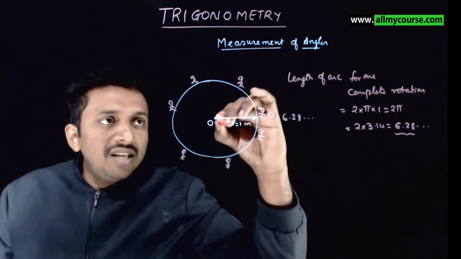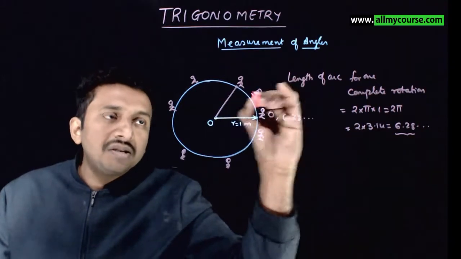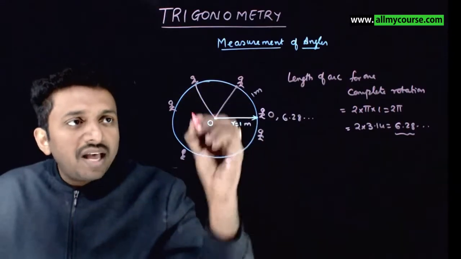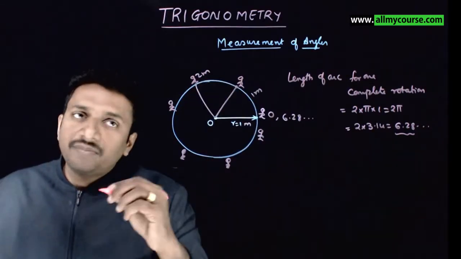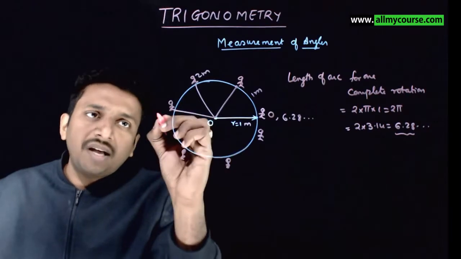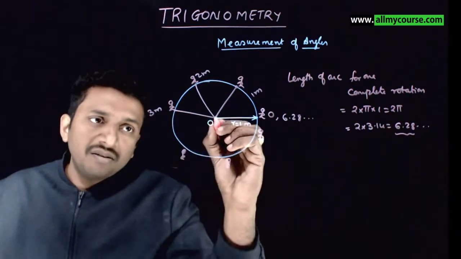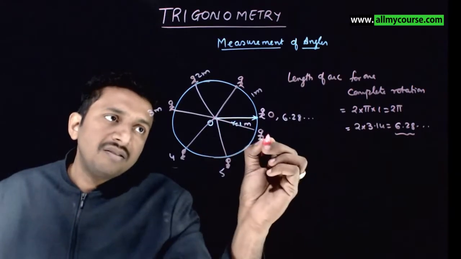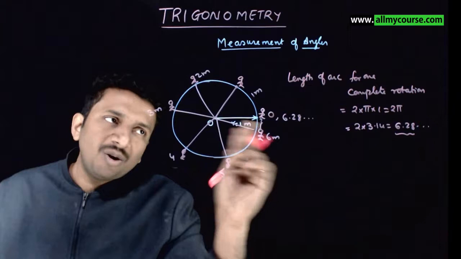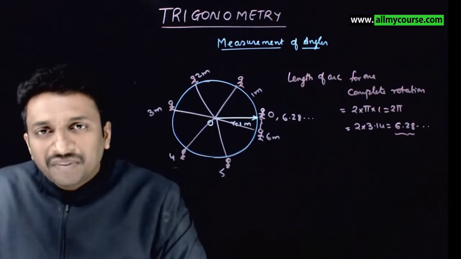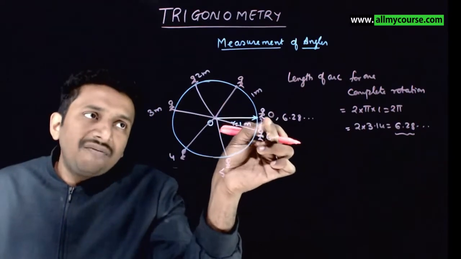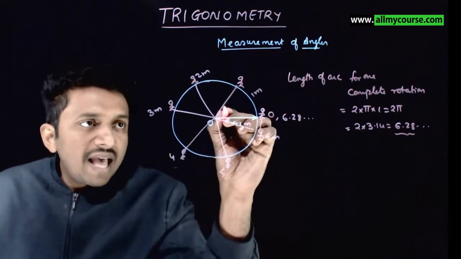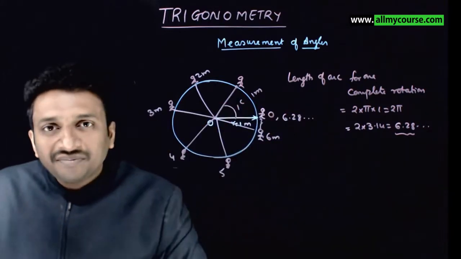Let this be the point where I have covered exactly 1 meter, this 2 meters, this 3 meters, 4 meters, 5 meters, 6 meters, and this is 0.28 meters, whatever it is. Now, as you can clearly see, 1 meter is exactly equal to the radius of the circle. So this angle has to be 1 radian, right?